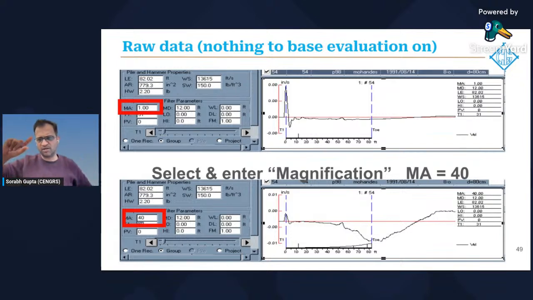Just like you turn the volume of your radio up, in the same way you have to turn the magnification on to really magnify the data from the deeper depths of the pile. As your pile length increases or as your impedance increases, naturally you may have to use a larger magnification factor to really see what may not be visible to the naked eye, what's going on at deeper depth.